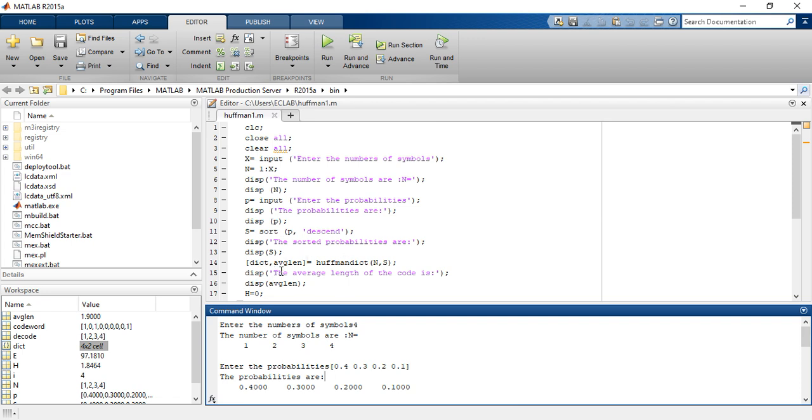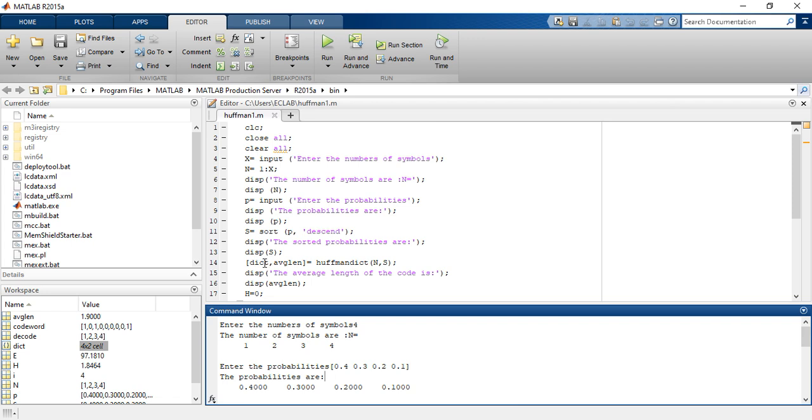Later, dict and average length. This function generates the binary Huffman code dictionary dict for the source symbols by using the maximum variance algorithm, and it also returns the average code word length of the dictionary.